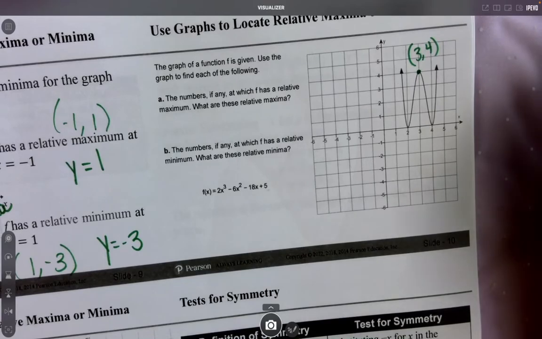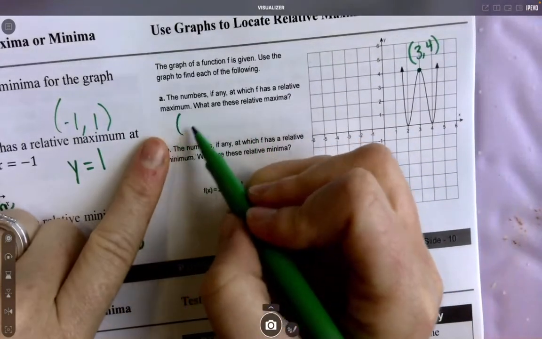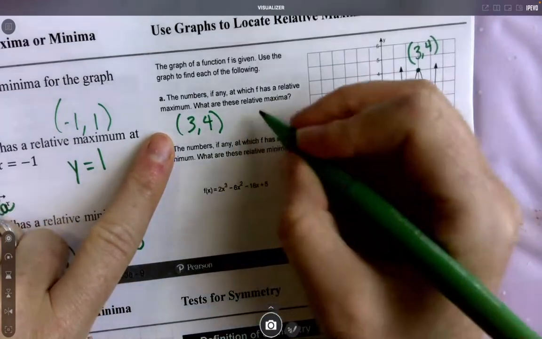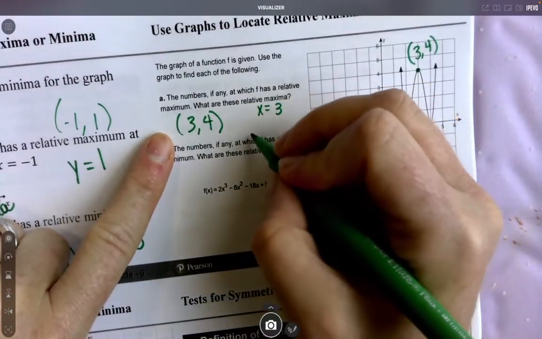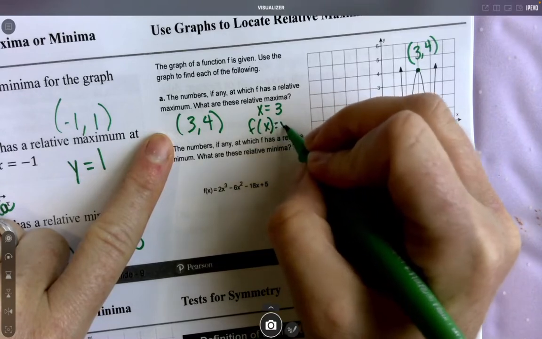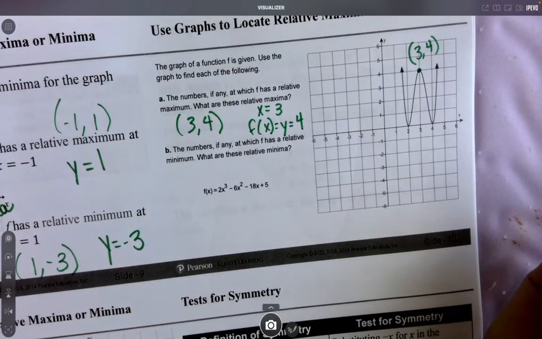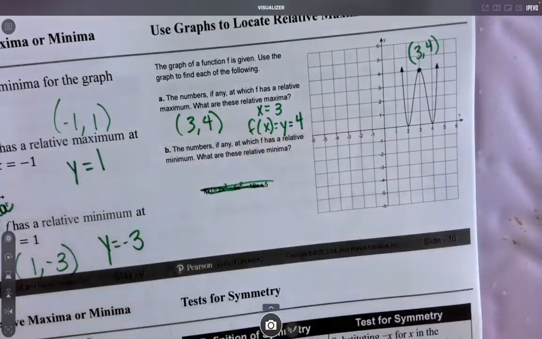Okay. So it'll depend on what it's asking for. So 3, 4. So if it's asking for x, it'd be x equals 3. If it's asking for f of x or y, it's going to be 4. And then this goes on the next sheet.